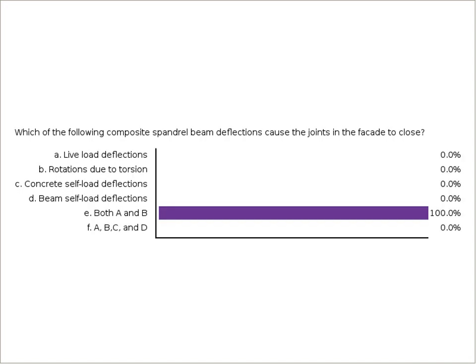Is that A, live load deflections, B, rotations due to torsion, C, concrete self-load deflections, D, beam self-load deflections, E, both answers A and B, or is it F, answers A, B, C, and D? And that question is, which of the following composite spandrel beam deflections cause the joints in the facade to close?